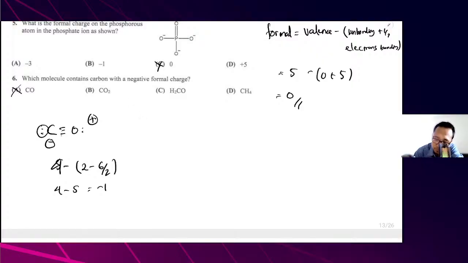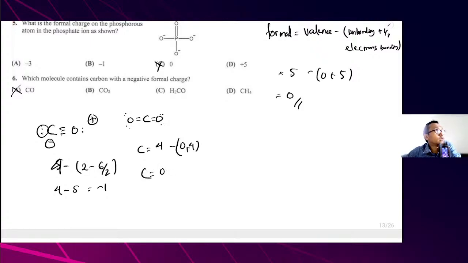How about CO2? CO2 is probably the same. C has valence 4, nonbonding 0, and bonding is 4 bonds, so it will be 0.